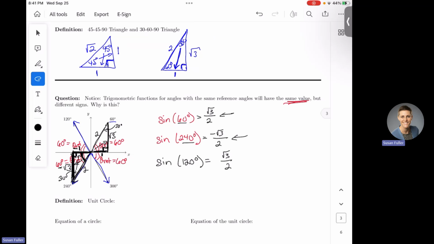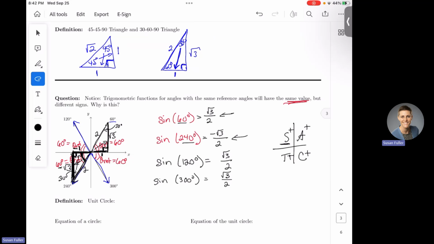But I'm in quadrant 2, and because all students take calculus, this tells us which is positive in each quadrant. I know that in quadrant 2, sine is positive. So the sine of 120 degrees is going to be positive root 3 over 2. And I know that the sine of 300 degrees is also going to have a value of root 3 over 2.